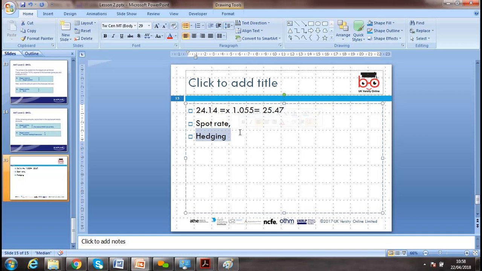Hedge means you protect yourself against the fluctuations. You can get a guarantee from the bank, which is called hedging, and you pay some fees on it. Whatever the rate will be, you pay the same rate as on the date you made the deal, not the date you make the payment.